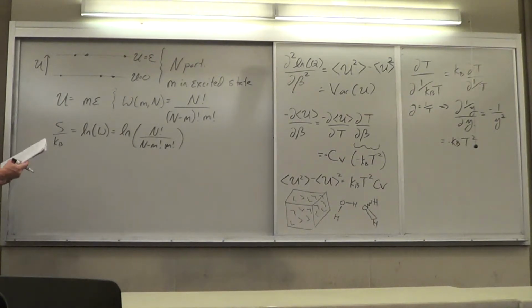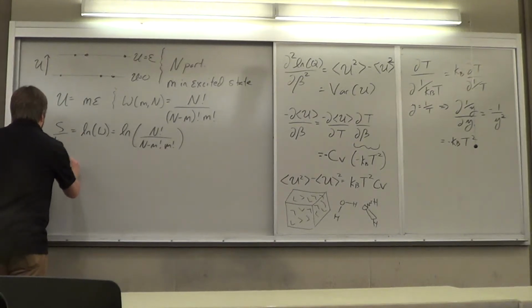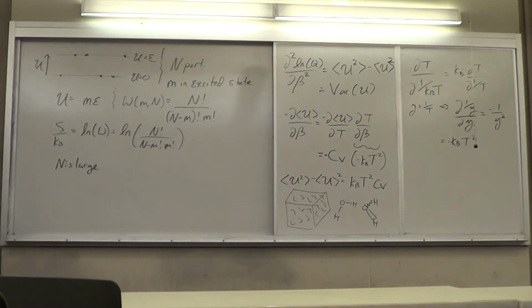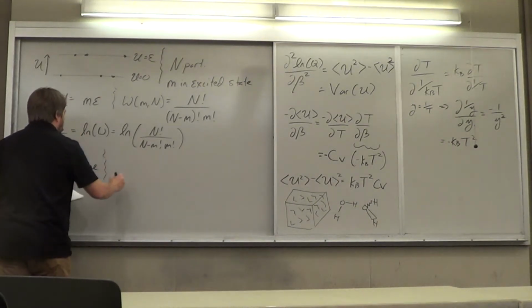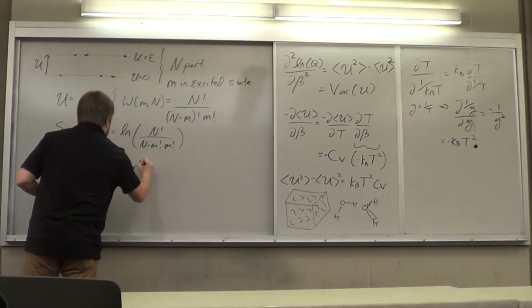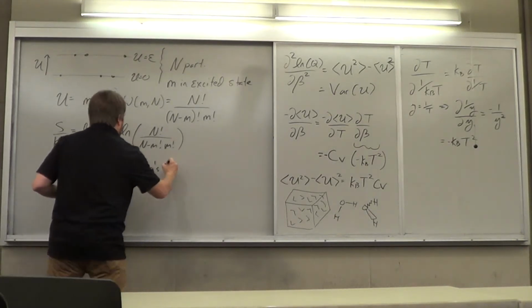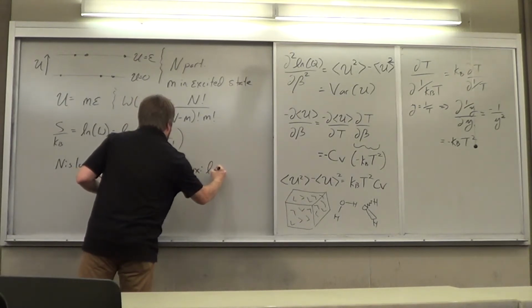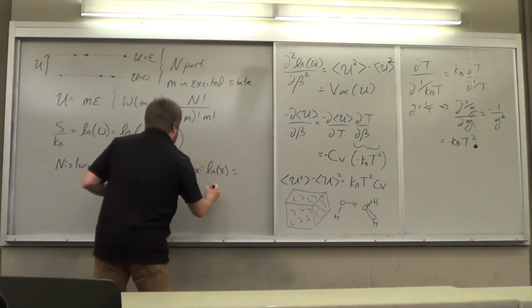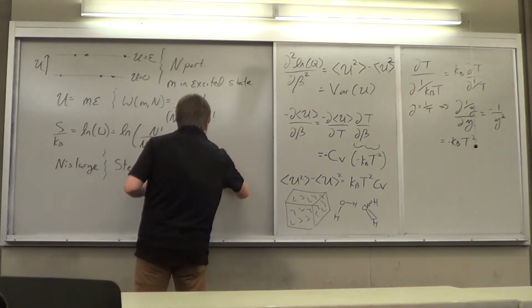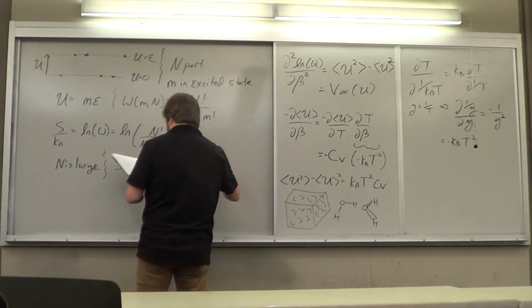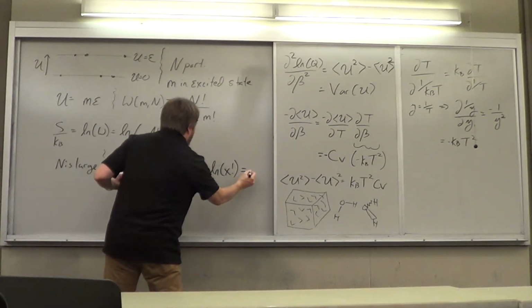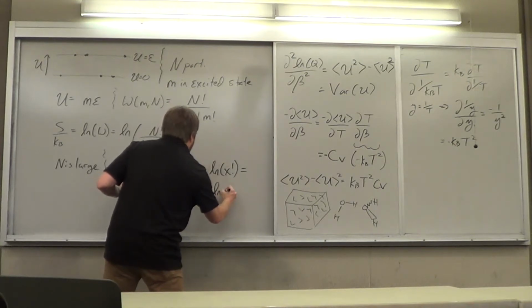Okay, now if n is large, what I'm going to want to do, and I will do this in every microcanonical simulation, is to use something called Stirling's approximation, which is that the natural log of the factorial of a very large number is this.